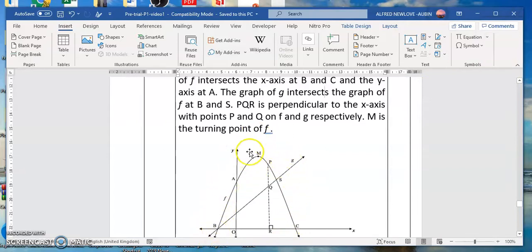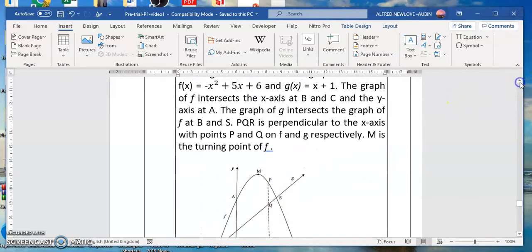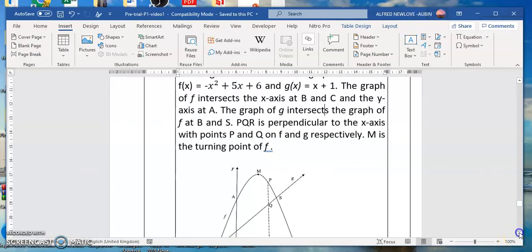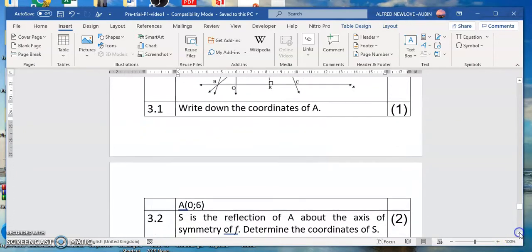This graph is f. It's written here f. So f will help you to get the y-intercept. Plus 6. So the y-intercept, x is equal to 0. So our y-intercept is going to be (0, 6).